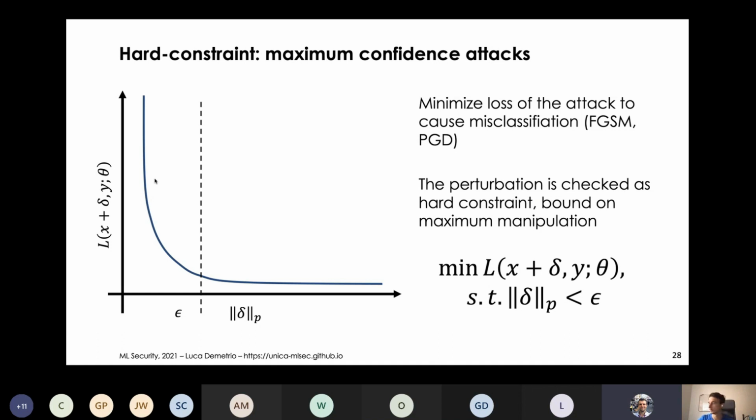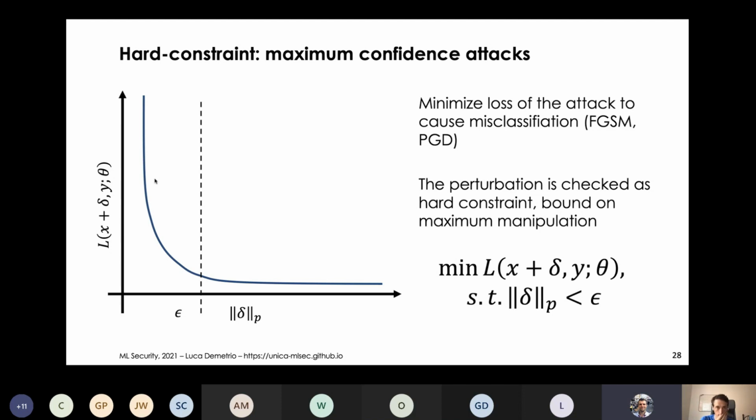You can also check Wasserstein attacks, which are based on the theory of optimal transport. These are, let's say, less perceptible than Lp norm attacks in general. But I think it's an open question whether it's worth focusing on this kind of topic.